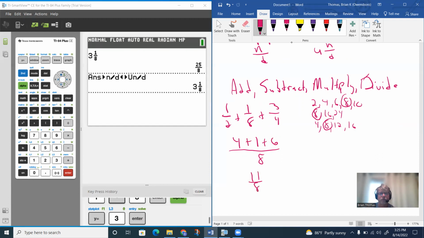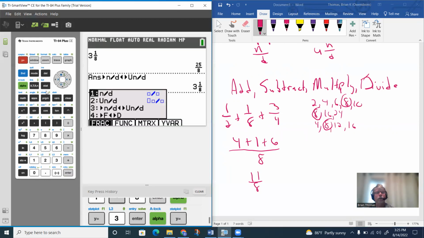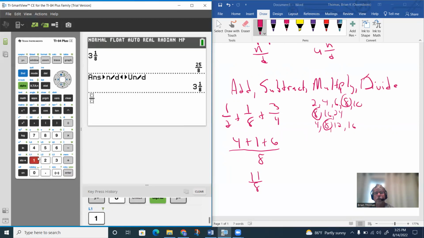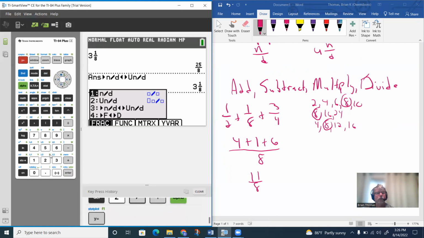That'd be 11/8. So if I put that in a calculator, I have Alpha Y equals, use the N over D button. I can put 1/2 into the calculator. Oops. Let me go back and delete there, come out, plus hit that Alpha Y equals button, choose number 1 again.